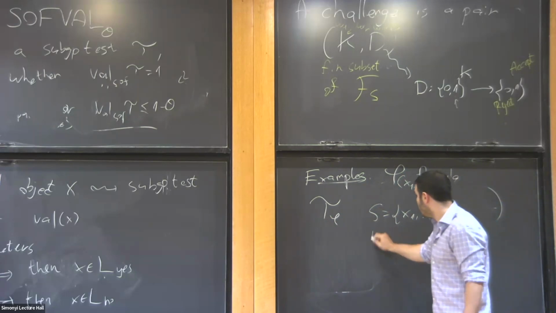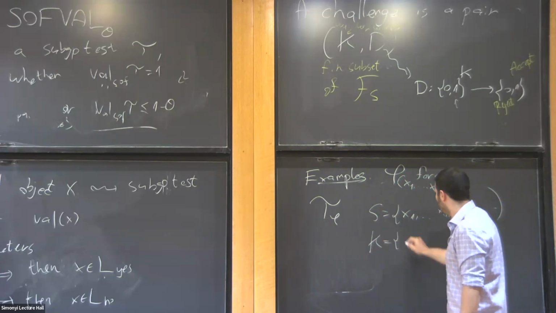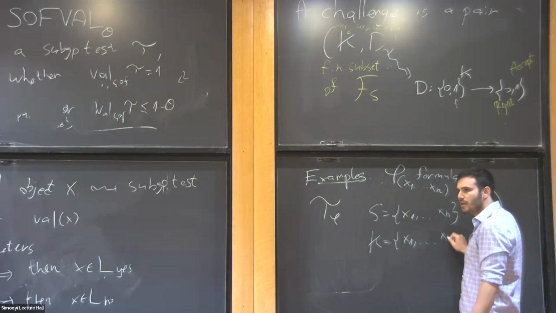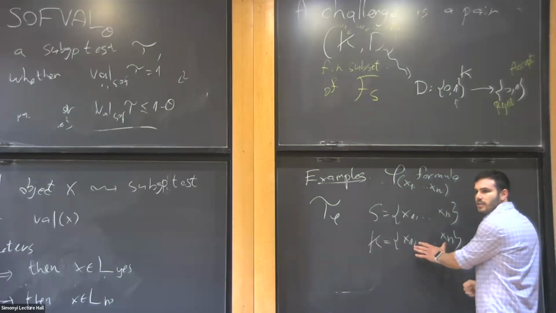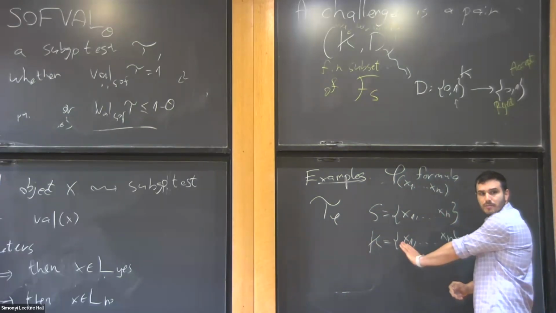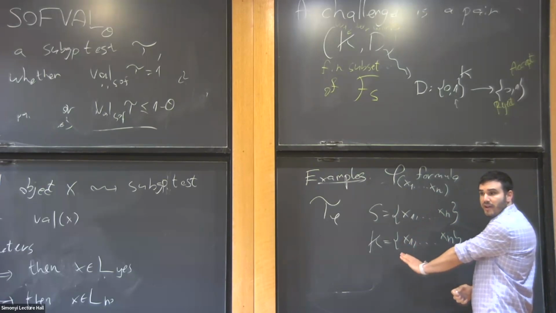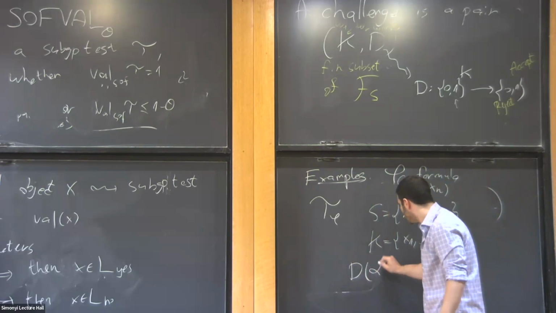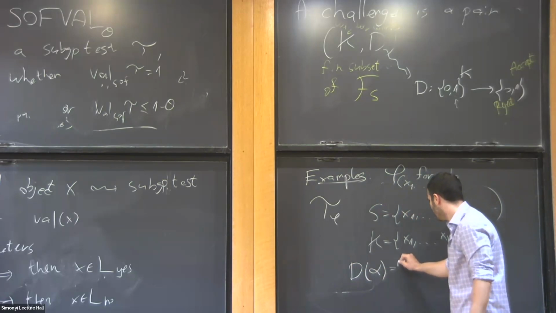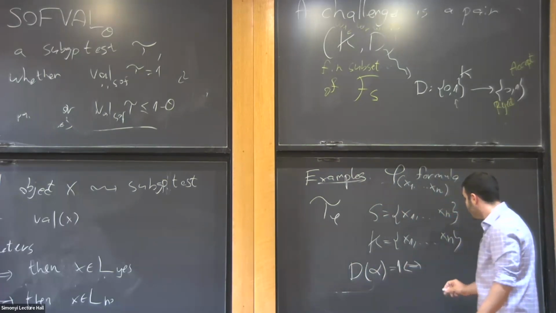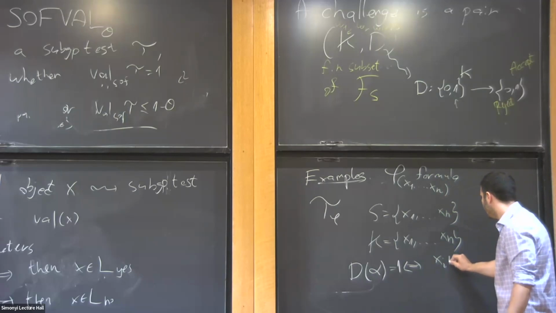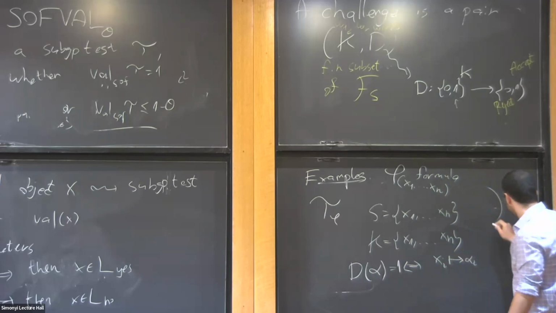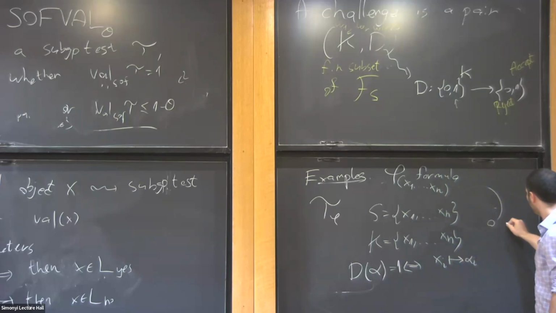And my set K would just be the values of these variables. So these are not words in the variables. These are just the variables themselves. This will be my finite set K. And my decision predicate will accept alpha if and only if the assignment x_i maps to alpha_i, when I interpret 0 as false and 1 as true.